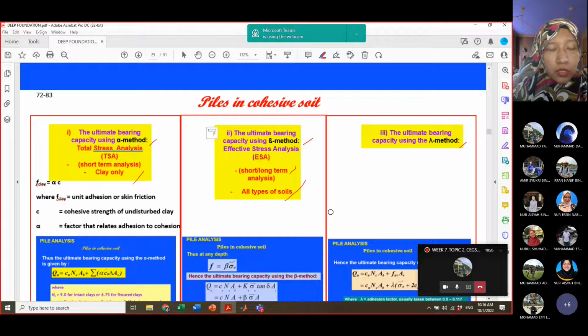And during that time, once you apply loading, they can have changes. It's a very fast action. So somehow the evaluation of pore pressure cannot be assessed due to the fast action. So the condition can be split into a few types.